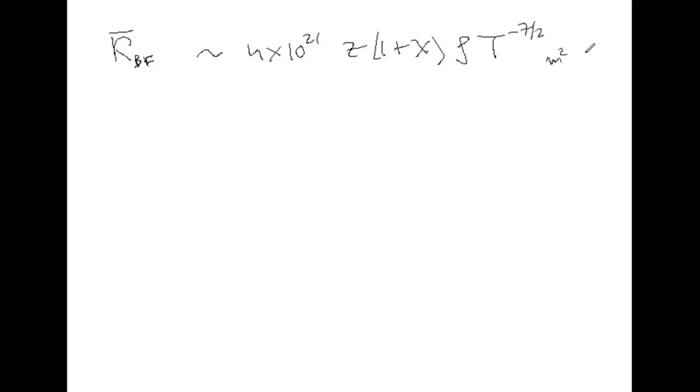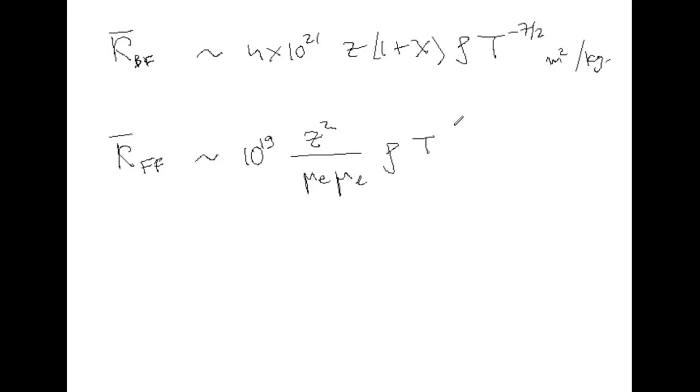The unit is meter square per kg. What about the free-free opacity? This is roughly 2 orders of magnitude lower and has a value like this: Z square by mu e mu, again rho T to the power minus 7 by 2. The unit is meter square per kg.